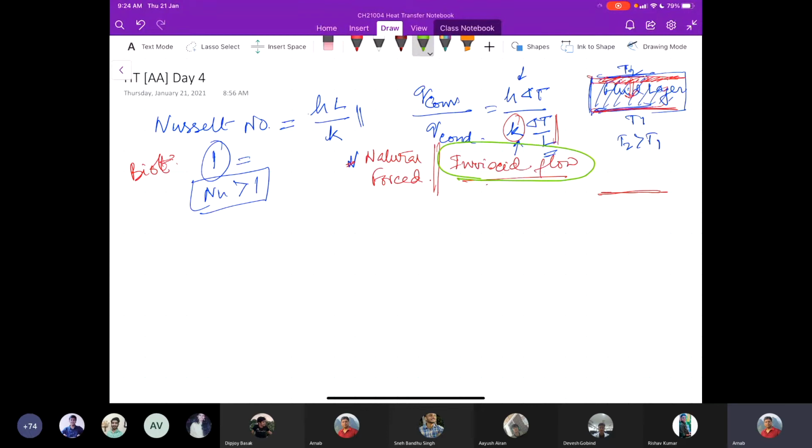So we do not say inviscid fluid literally, because viscosity is a measure of the resistance of the fluid when it starts to flow. It is the internal resistance to the flow that is called viscosity, isn't it?